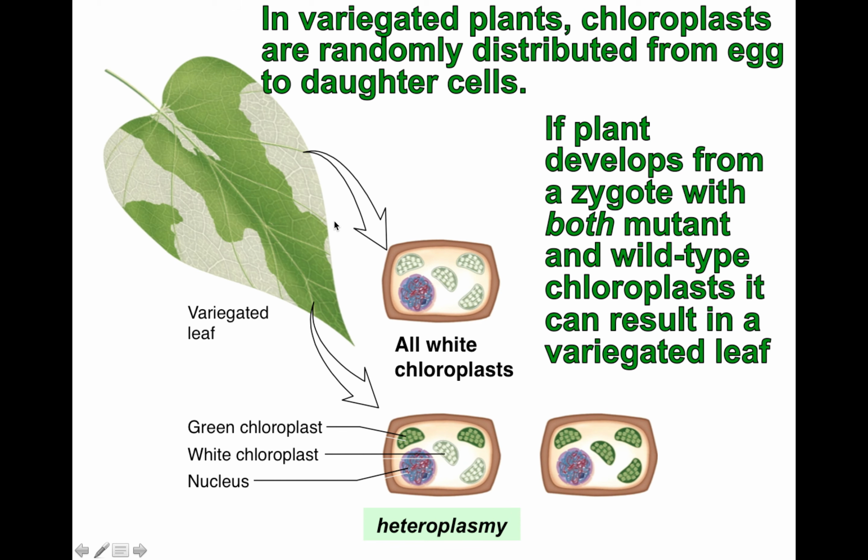If you inherit only green chloroplasts, or green and white chloroplasts, then you will be green. This condition where you end up with green plus white chloroplasts in one cell is called heteroplasmy. But it's important to remember that the chloroplasts are inherited through the female parent for angiosperms.